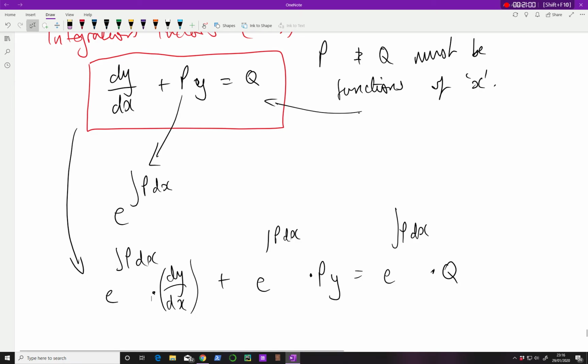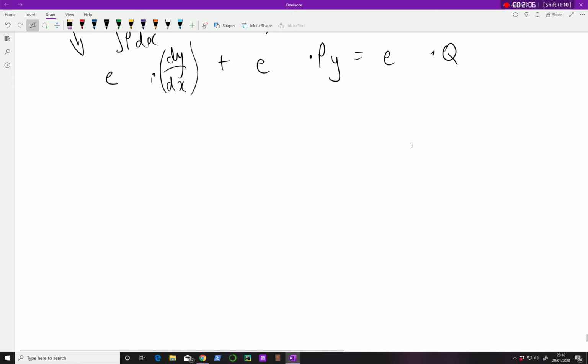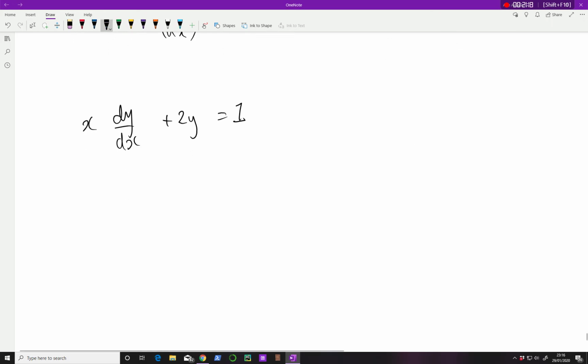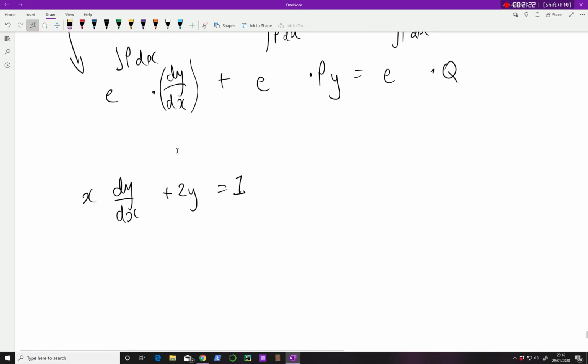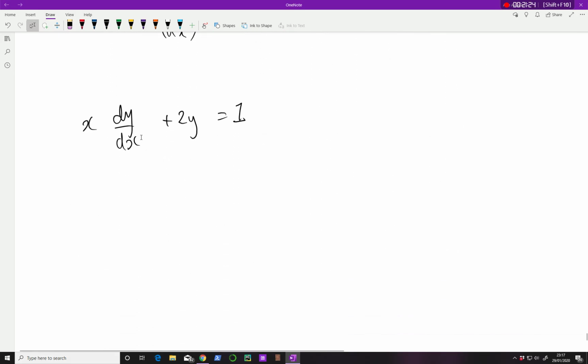Okay, so let's have a look at a quick example. So we have x dy by dx plus 2y equals 1. In order to get it into this form here, I need to rearrange the expression and basically get dy by dx by itself.